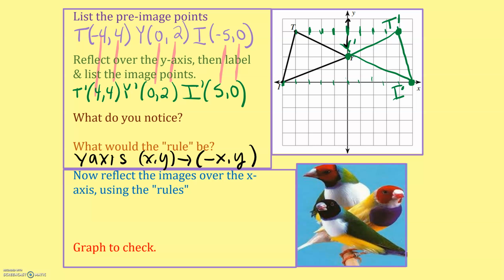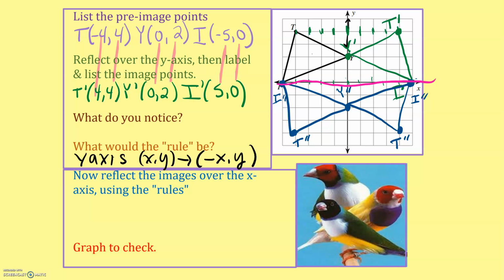So now what I would like for you to do is pause the video, and I want you to reflect both triangles over the x-axis. When you are done with that, unpause the video and check your answer. All right, so now what I did was I did all of the counting to make that happen, or I used the rules. So if I'm reflecting over my x-axis, that means I'm folding it in half. So I'm going to count again.